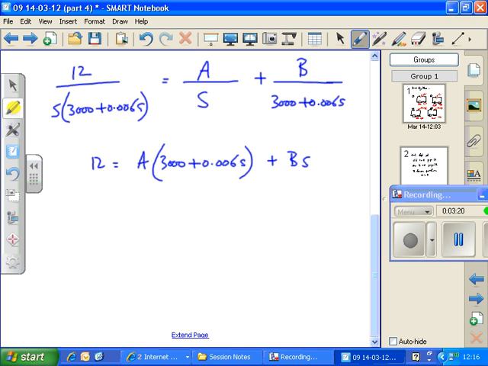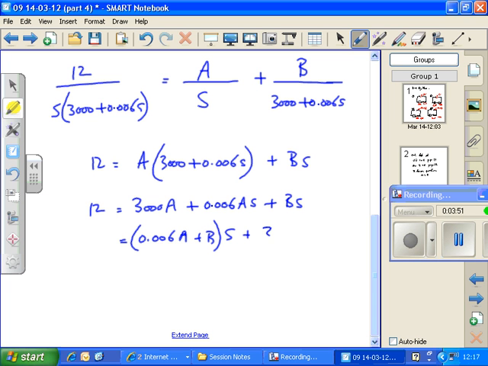Multiplying out and then equating coefficients, we get 3000A plus 0.006AS plus BS equals 12. Collecting together terms involving S, we get 0.006A plus B, S, plus 3000A equals 12.